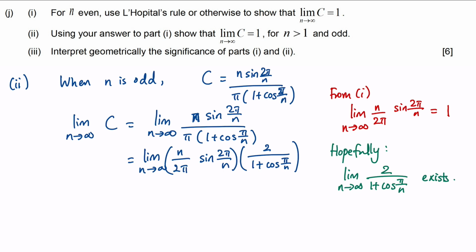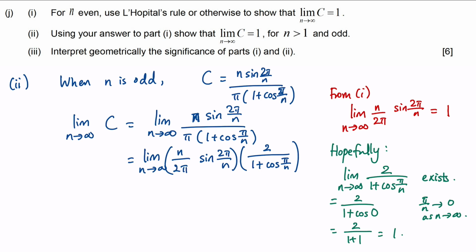This becomes 2 over 1 plus cosine of 0, because as n tends to infinity, pi over n tends to 0. So it exists, because this is 2 over 1 plus 1, which is 1.